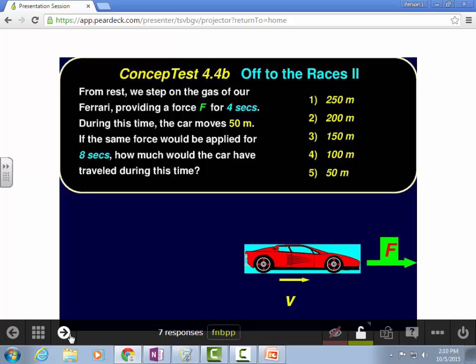Delta X is equal to 1/2 A T squared, but A is equal to F over M. So it's 1/2 F over M T squared. Notice you double the time. What's going to happen to displacement? Quadruple. So there you have it.